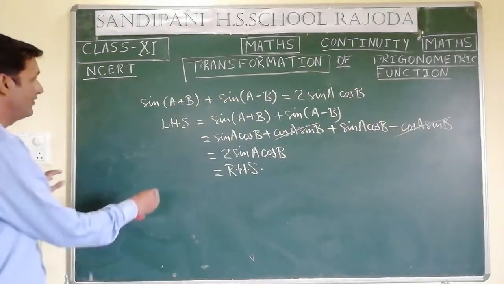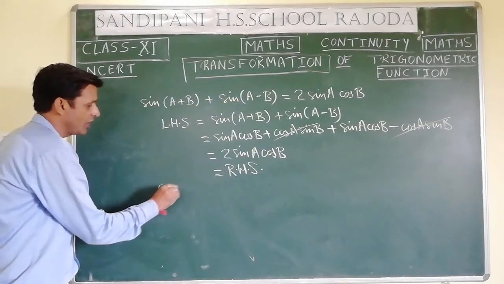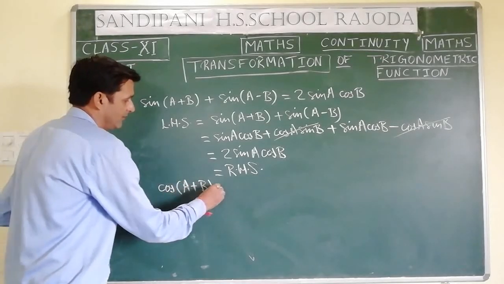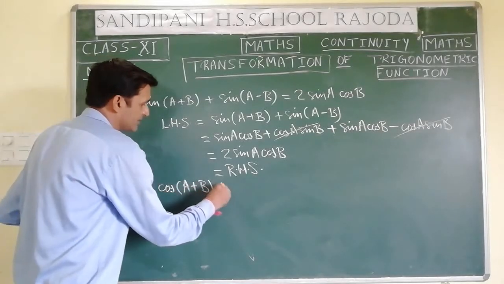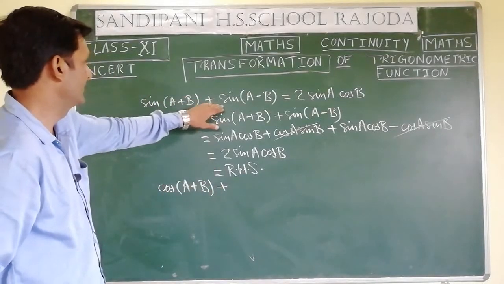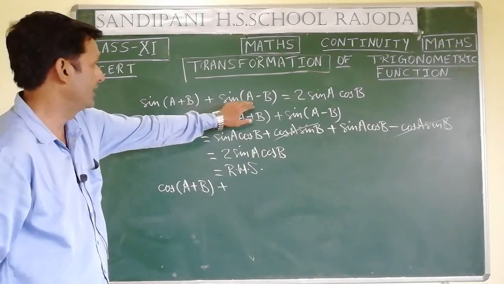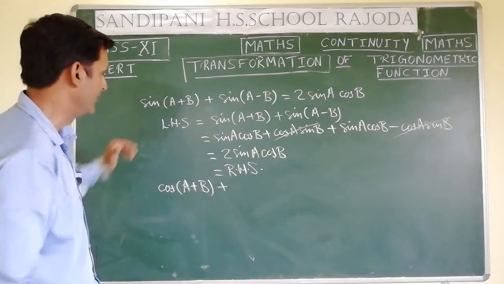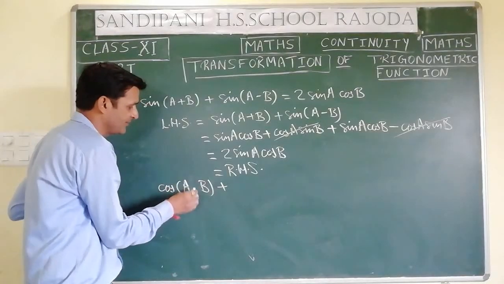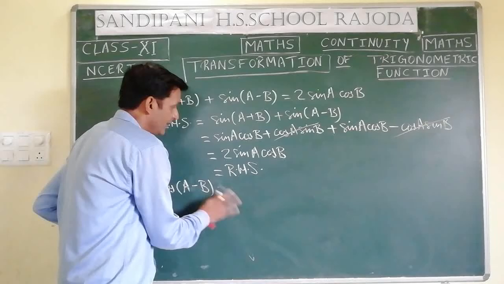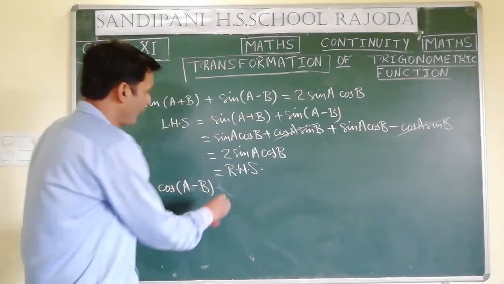Now if we want to take cos(A+B) and cos(A-B), suppose I take A-B at the start and explain this for the minus sign.